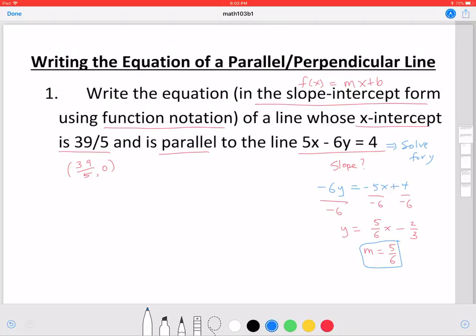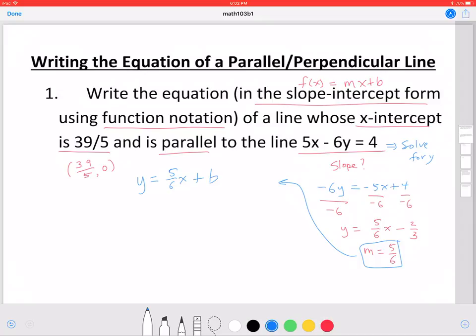So what we have so far is a slope equal to 5 over 6. So y is equal to 5 over 6x plus, well, I don't know what my b is. B is my y-intercept. If I know what my b is, then I'll be done with this problem.